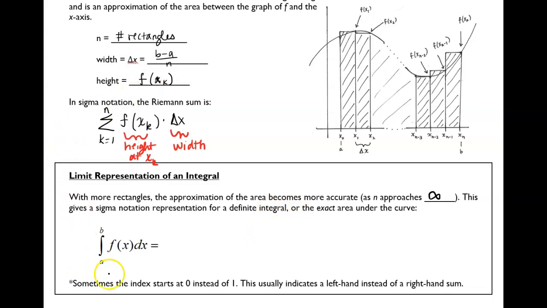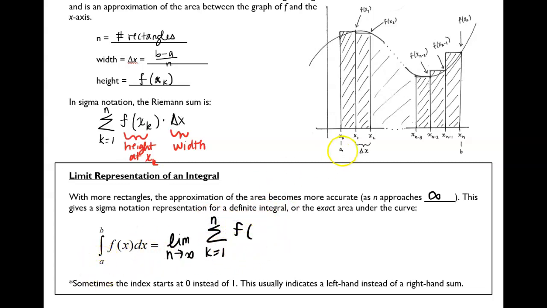So our integral from a to b, this is exact area under the curve. Our Riemann sum was an approximation. If we take a limit of our approximations, we will get the exact value. So we're going to say the limit as n approaches infinity of the sum from k equals 1 to n of f of, now I'm going to start at a.